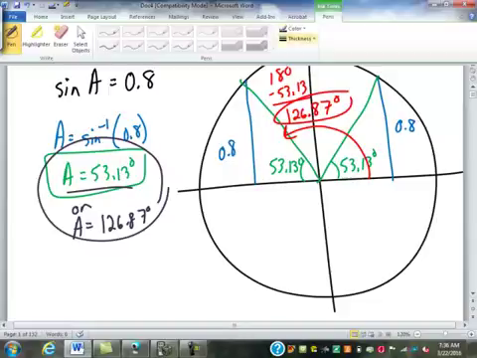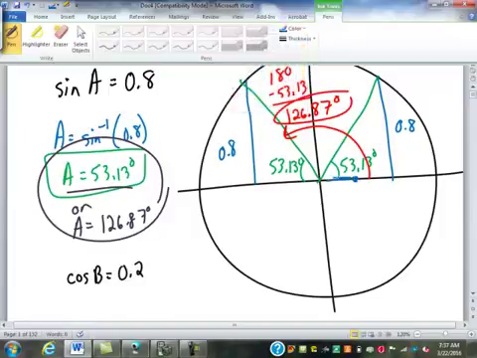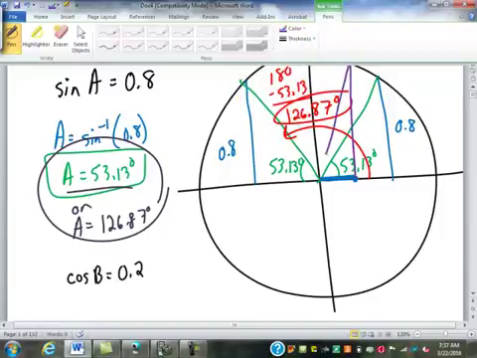There's two possible answers. If we were looking at a cosine, let's say we're told the cosine of B equals 0.2. Well, cosine of 0.2 is going to be the length right here. So that would be an angle 78.46, you say?